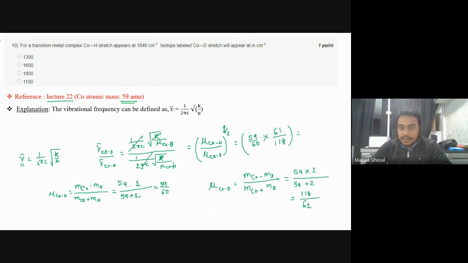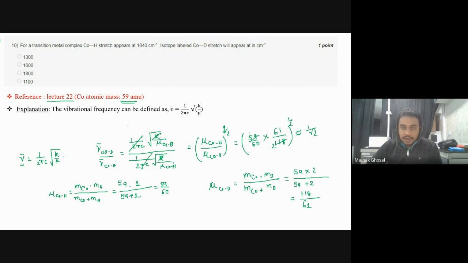So this is going to be 2, and then 61 by 60. Approximately, 60 and 61 are not that much different, so they cancel, and we are left with 1 by 2 raised to the half.